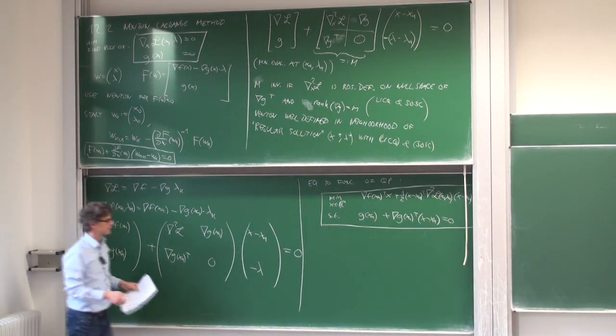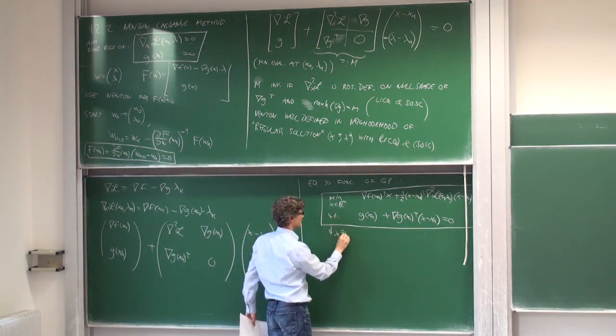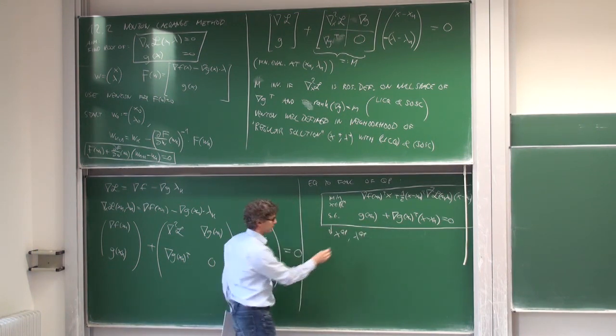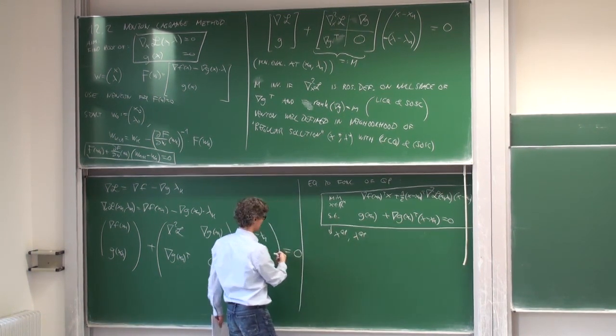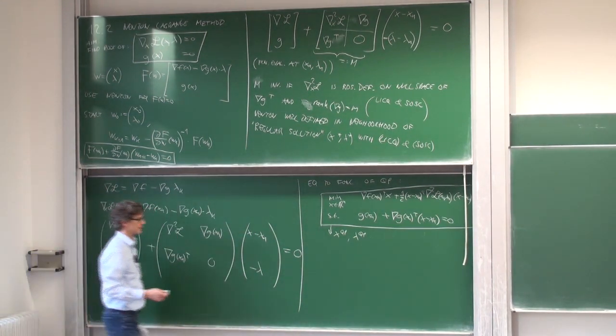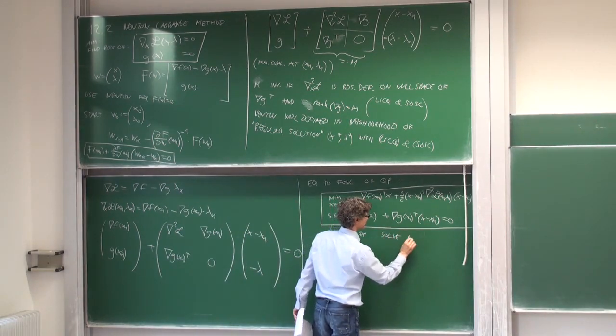So the QP solution will give me an x QP and a lambda QP, which are actually the solutions of the linear system. So they solve the Newton system.